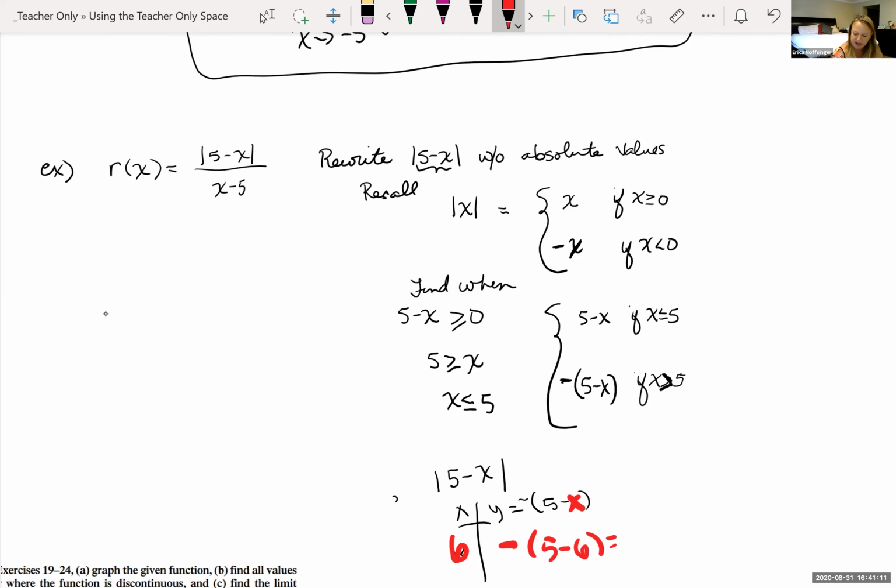So 5 minus 6 is negative 1, and the negative of negative 1 is positive 1. So if you went back and did the absolute value of 5 minus 6, that's the absolute value of negative 1, which we know gives us an output of 1.